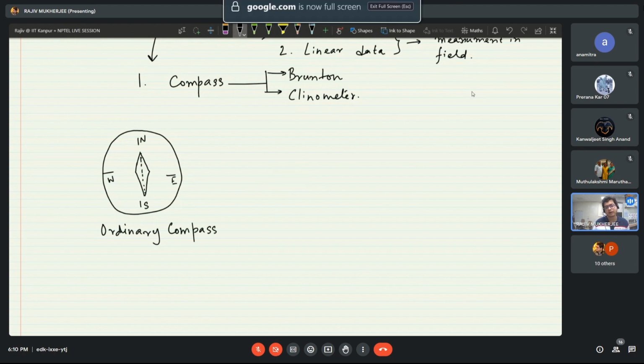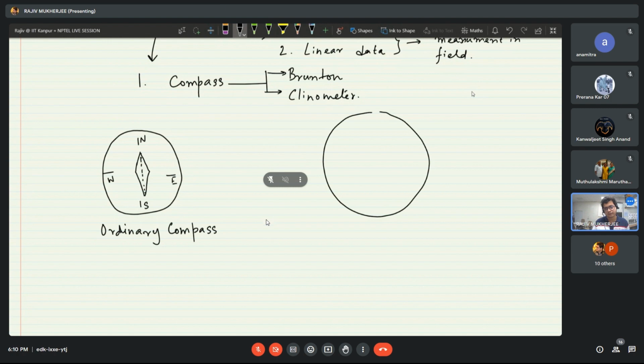But how about a Brunton compass? So if this is a Brunton or clinometer, this is north, pretty sure, and this is south.